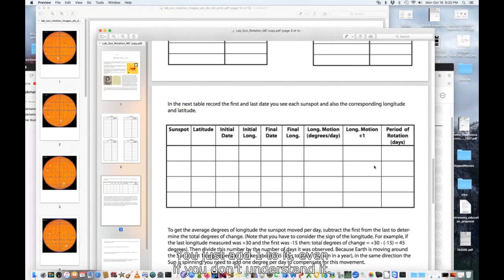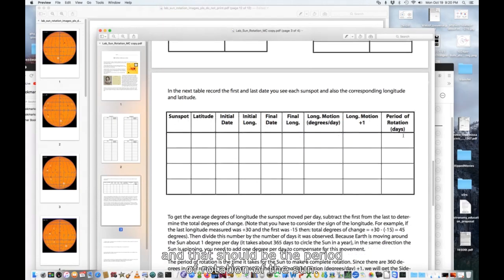You just add 1 to it, even if you don't understand it, just add 1 to it. And then the period of rotation is whatever this number right here, which should be anywhere from 5 to 30, okay? It should not be too high of a number, somewhere around 10, maybe 5, maybe 10, maybe 20. And take 360 degrees and divide it by the number, okay? And that should be the period of rotation of the sun.